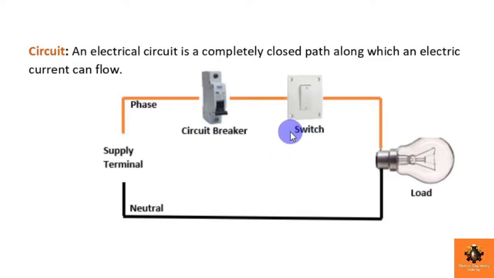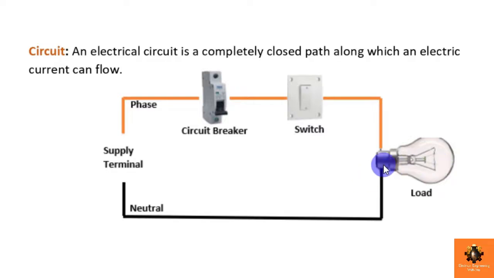Then this is the controlling switch. This switch controls the supply of energy to the load. Clear? Then this is the load. Load can be anything that uses electrical energy as an input and converts it into another form of energy.